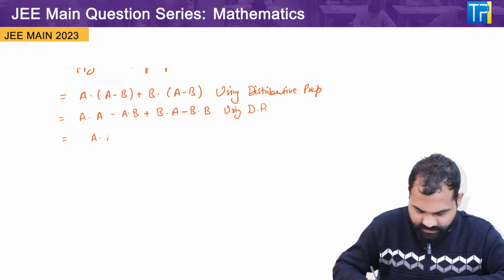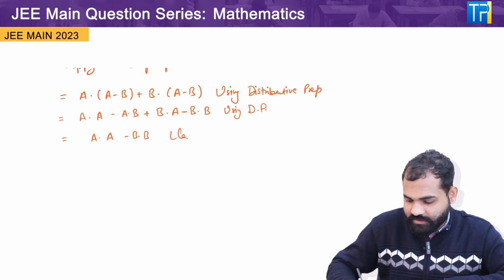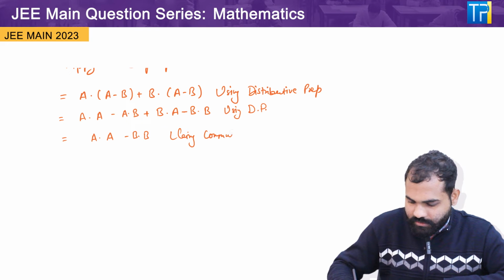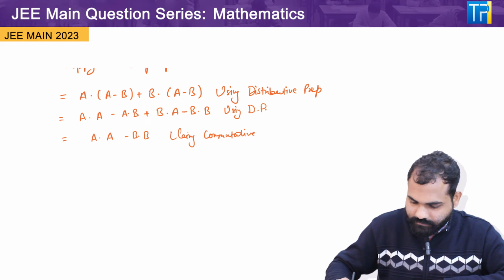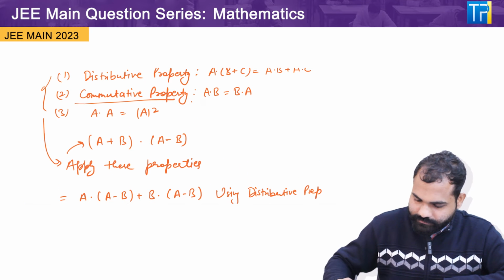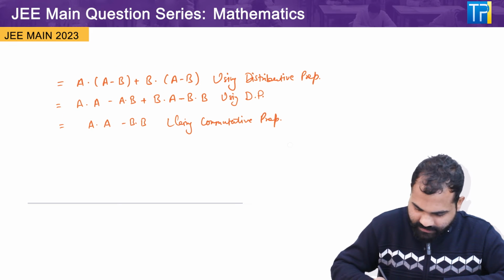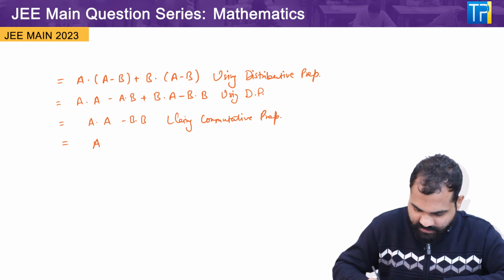Then a dot a minus b dot b, this is by using the commutative property, which is this property. Okay, and then we have a square minus b square.